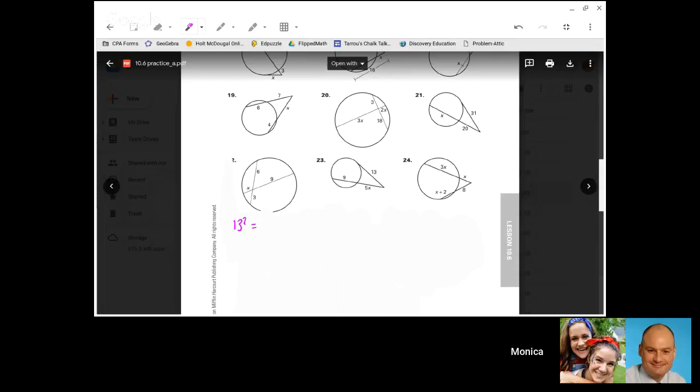And that equals the outside part of the secant, which is 5x, times the whole thing. So remember, the whole length is 5x plus 9. Okay? You good on that so far?